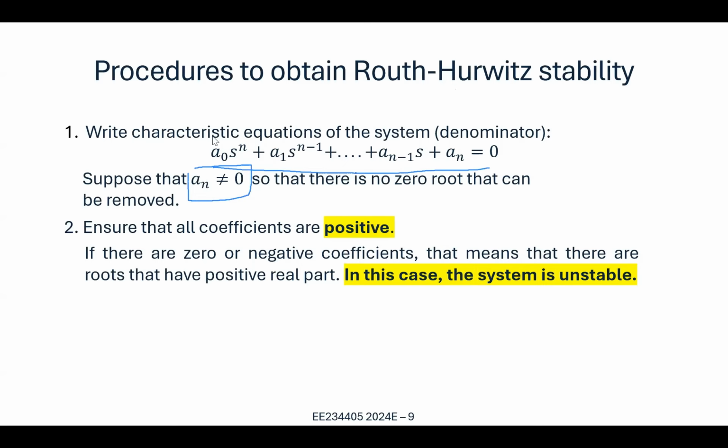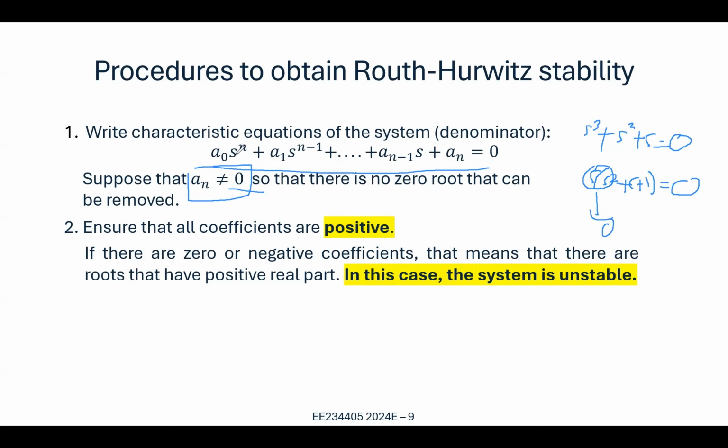For example, if we have s to the power of 3 plus s to the power of 2 plus s equals 0, we can factorize out s and get s squared plus s plus 1 equals 0, which means that one of the roots here will be 0. So if this is non-zero, then there is no zero root that can be removed.